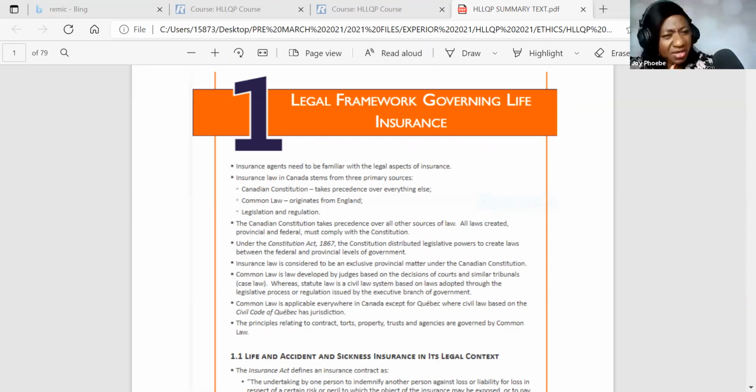So it's important we know some of these legal frameworks or rights and all that, so that we don't go and advise people wrongly or say the one that will put us in trouble or put somebody in trouble. And also we'll be talking about wills, estate, and succession. And this one we're talking about the rights of individuals at death and all that, and then trusts and trustees and bankruptcies. Okay, we'll be looking at each of these individually.